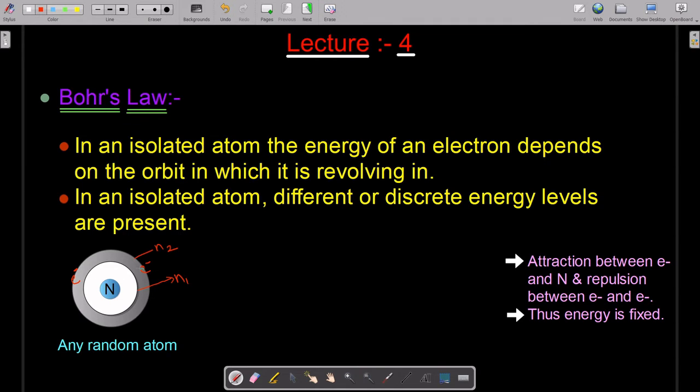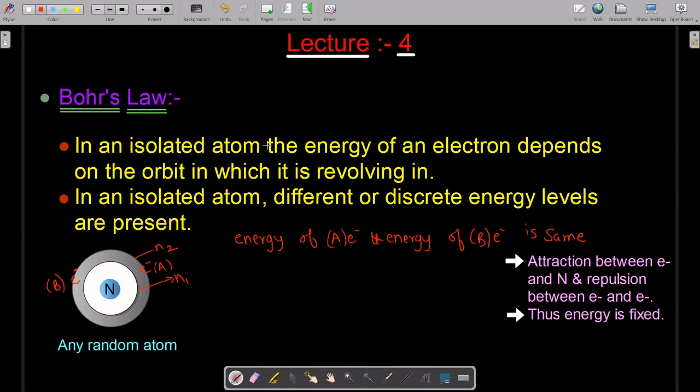Marking the first electron with A and the second with B, the energy of electron A and the energy of electron B is the same. This is what this line tries to tell us. I hope you understood this.